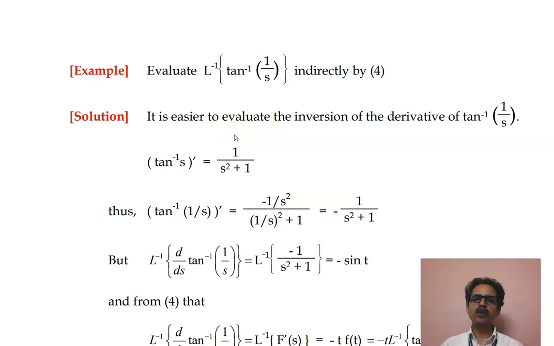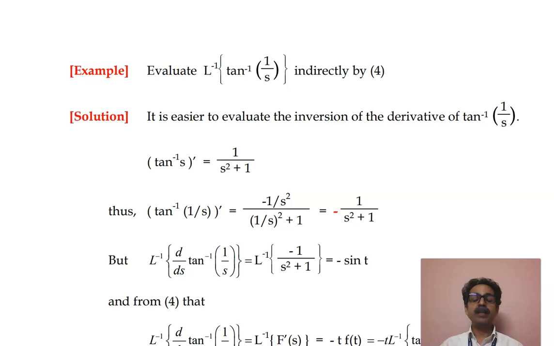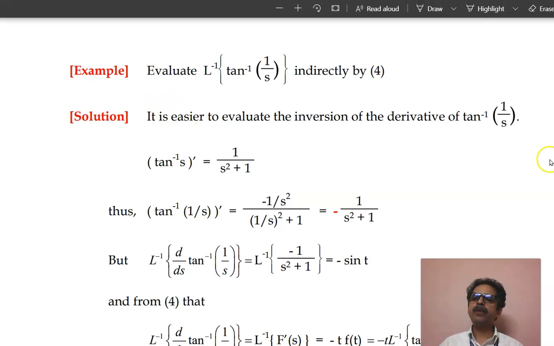So we have to make use of the inverse Laplace of derivative property, indirectly the Laplace of multiplication by t property. Actually we want to find the inverse Laplace of tan inverse of 1 upon s, but here is the inverse Laplace, here is a derivative of tan inverse of s.